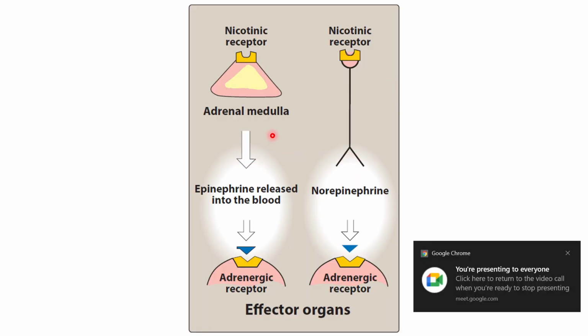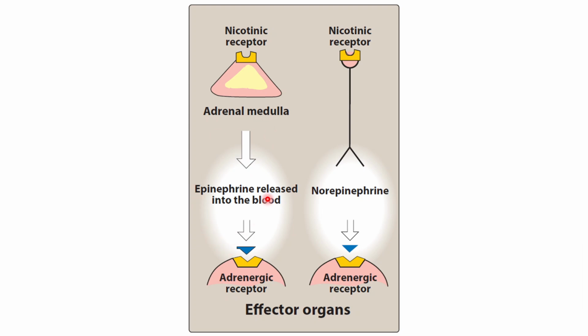Then this epinephrine is delivered with the blood to the vessels and heart, and will stimulate the adrenergic receptors in those tissues. In vessels it's mostly alpha receptors, and in the heart it is the beta 1 subtype of adrenergic receptor.